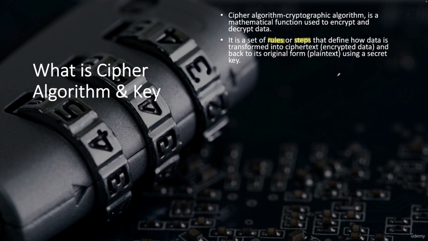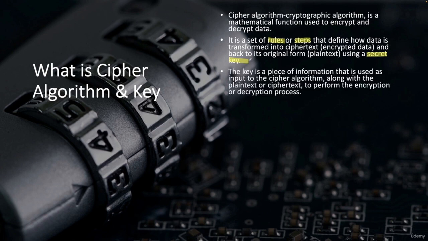These are the rules you use to convert plain text into ciphertext, which is the encrypted text. And then, because you have to convert it back into its original form, you need to use the same algorithm to bring it back, but it is used based on the secret key, or the keys that we discussed.